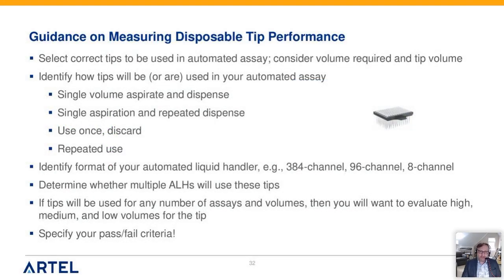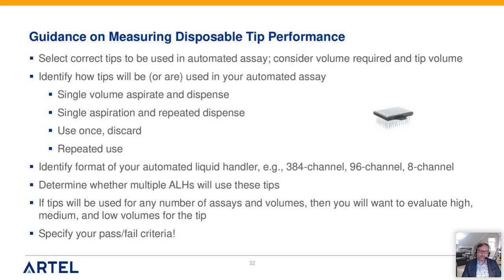So let's spend a little bit of time thinking about setting up a program. As you're looking at identifying tips for your automated assay, you want to consider the volume that's going to be used versus the tip volume. So if you have one volume that you want to dispense, that's pretty easy. You select a tip where the maximum takes up most of that volume.